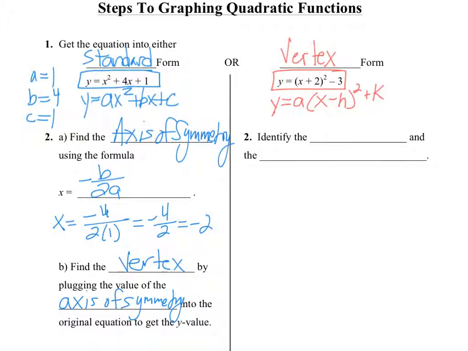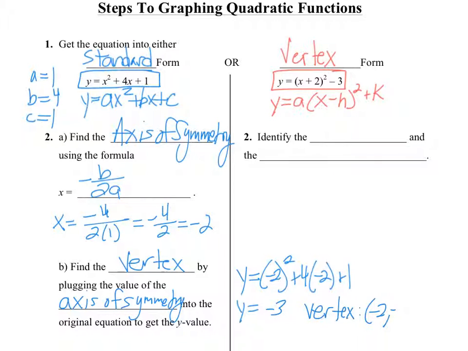Since the x value in the axis of symmetry is negative 2, if we plug in negative 2 and square it, plus 4 times negative 2 plus 1, all I'm doing is going back to this original equation and substituting in x equals negative 2 in each of the places for x. And when we simplify for y, we get y equals negative 3. And so the vertex is the point negative 2, negative 3.